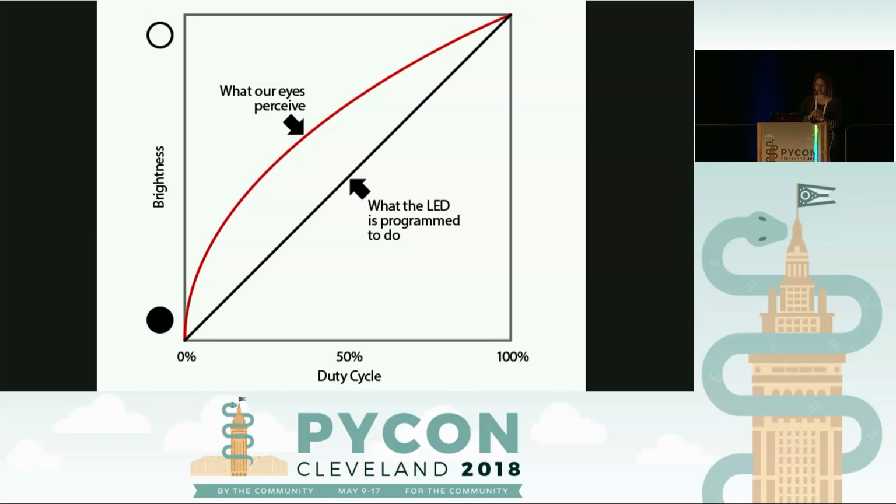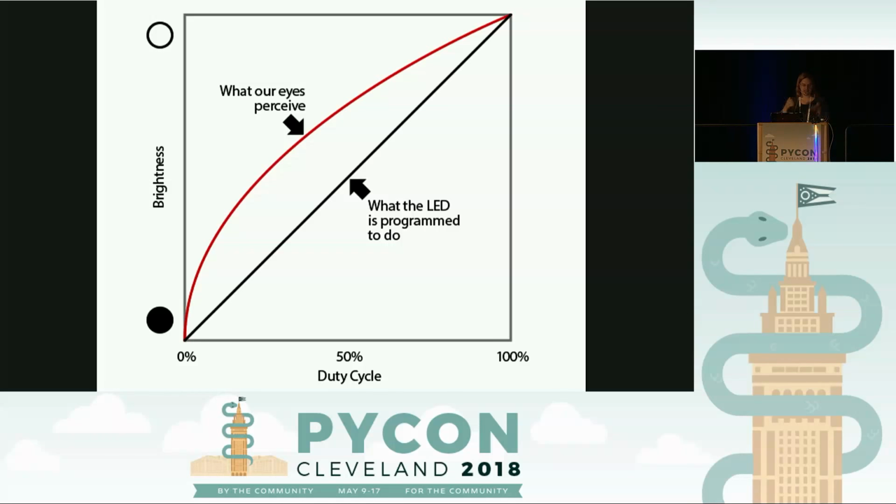Another interesting thing about LEDs is that they are really good at having very accurate amounts of brightness. If you give it a 20% duty cycle or a 70% duty cycle, it'll be that much brighter. But our eyes won't perceive it that way, because our eyes are great at seeing light, but they normalize everything.